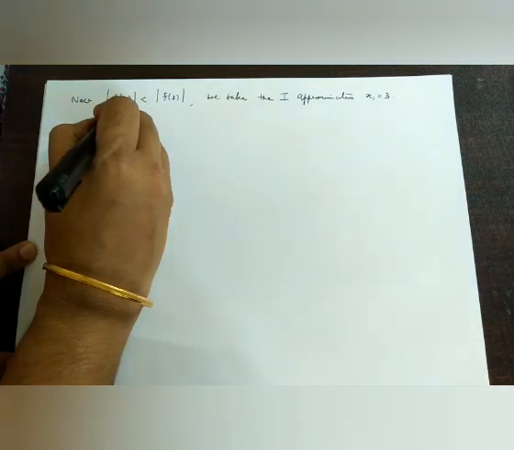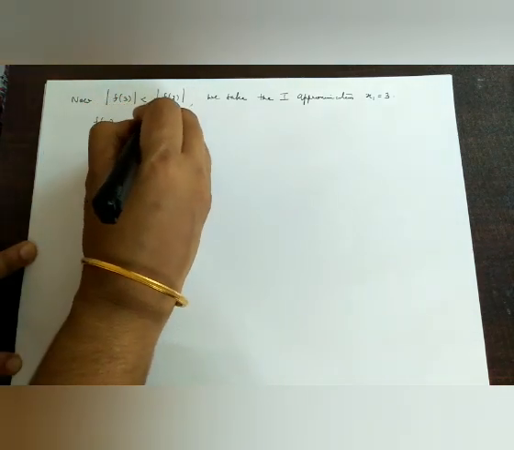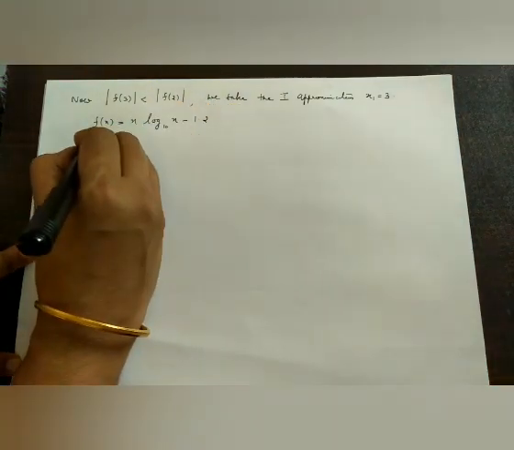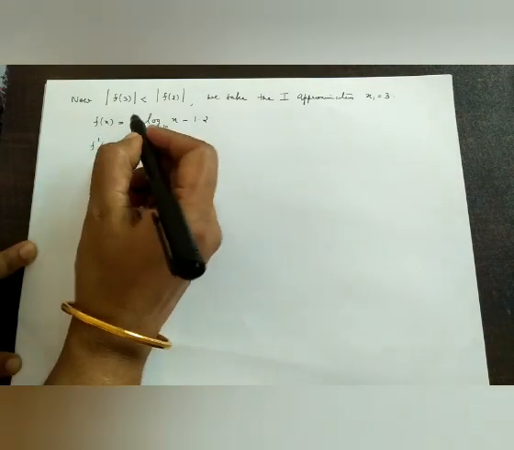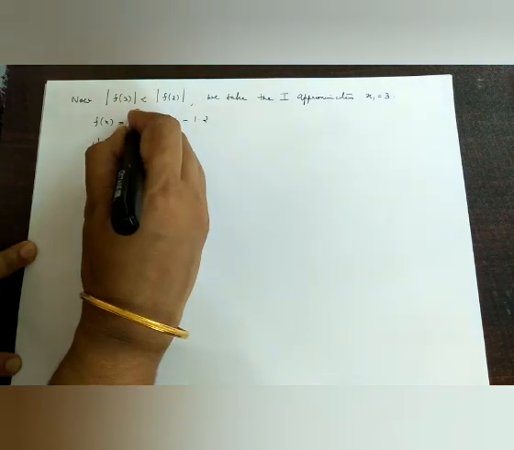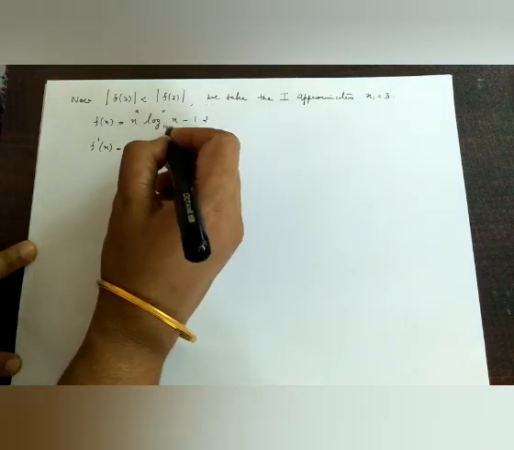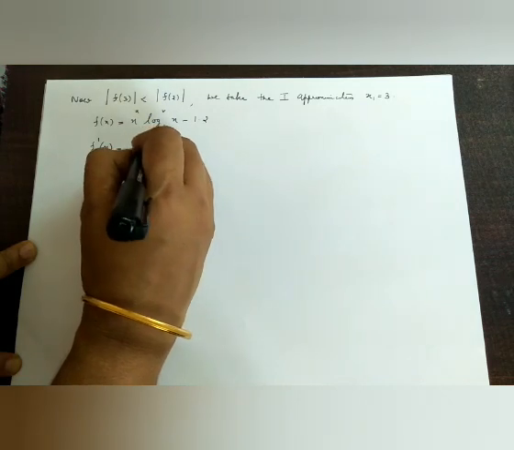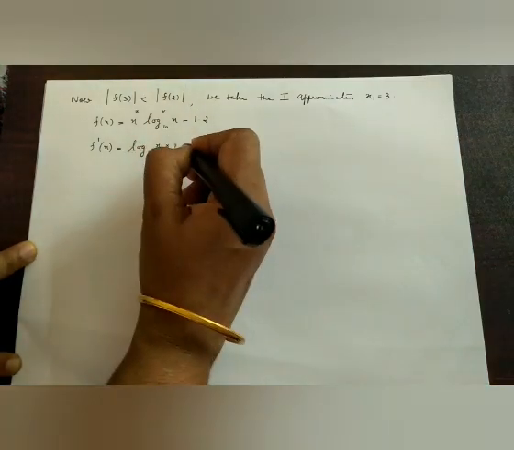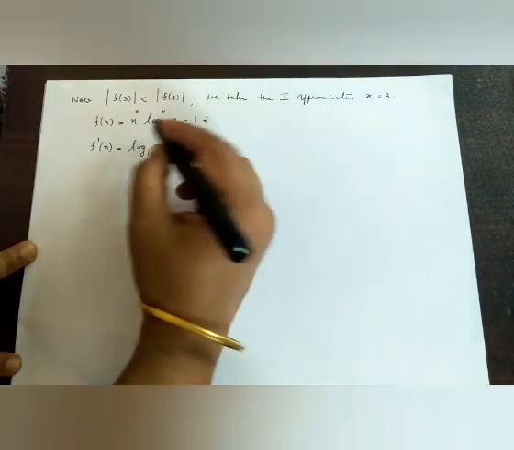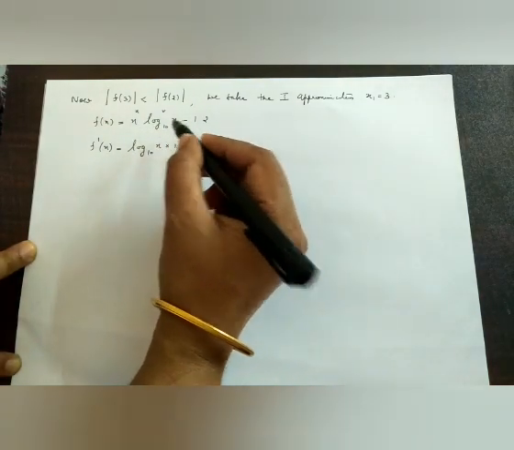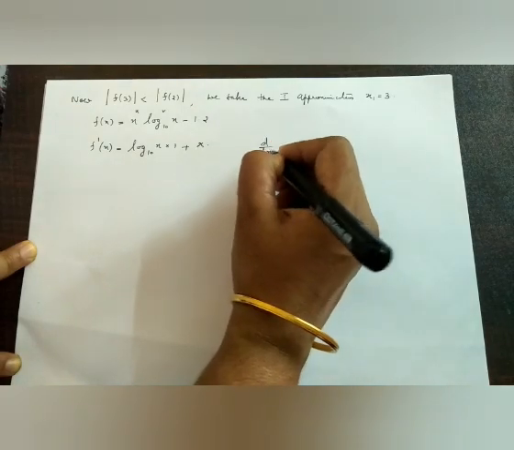Now f of x is equal to x log x to the base 10 minus 1.2. Therefore, f dash x, here applying the uv formula, is u into derivative of v, that is, first I am taking v as log x to the base 10, and derivative of x is 1. Then plus u into derivative of log x to the base 10. What is the derivative of log x to the base 10?